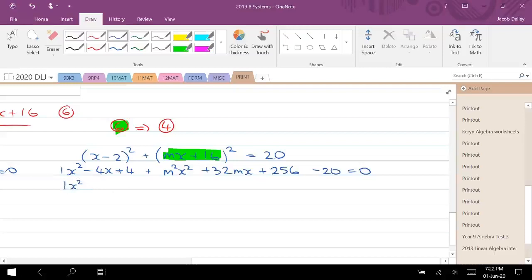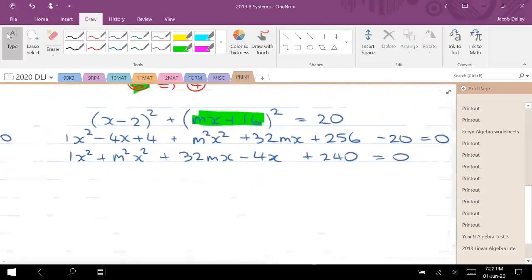I like to put a 1 in front of this x squared because then it doesn't get lost, plus m squared x squared, plus 32mx minus 4x. 256 plus 4 is 260, minus 20 gives us 240 equals 0.